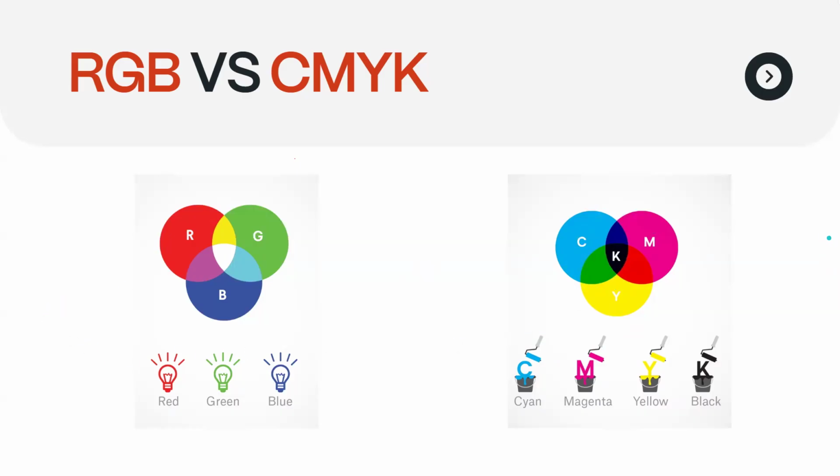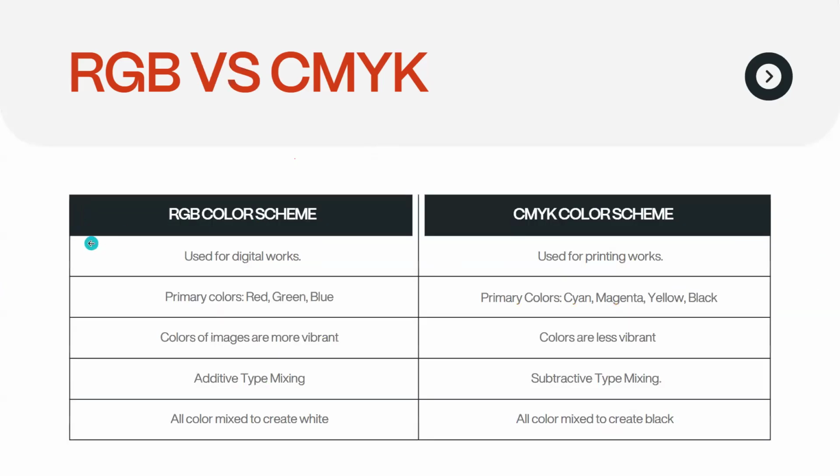As someone said, RGB is additive and CMYK is subtractive. You can see here the difference between RGB and CMYK. RGB color is generally used for digital work like screens, and CMYK is used for printing. Earlier, printing used RGB colors, but as time passed and printers evolved, they used CMYK.